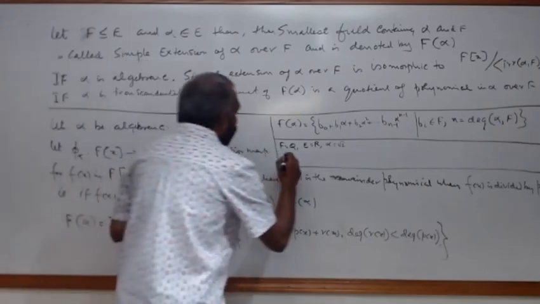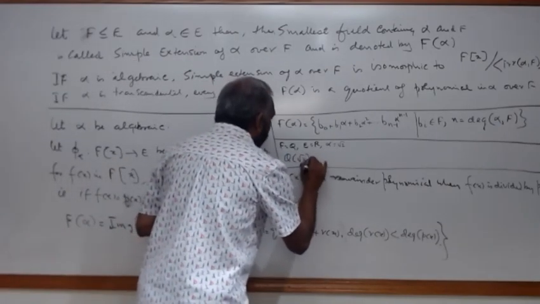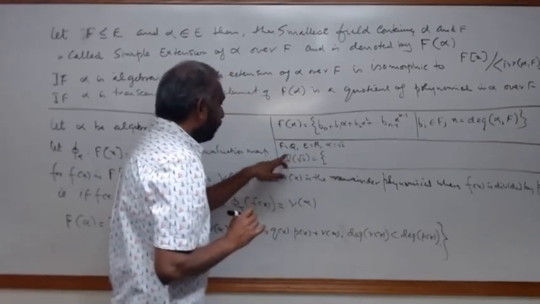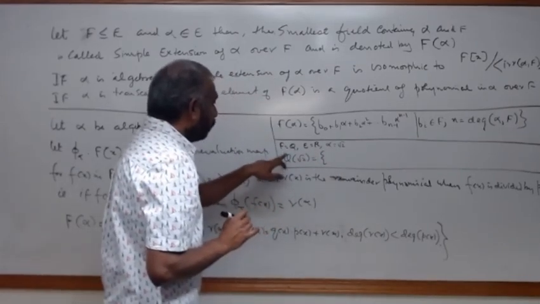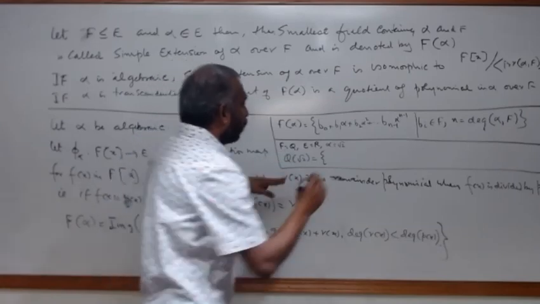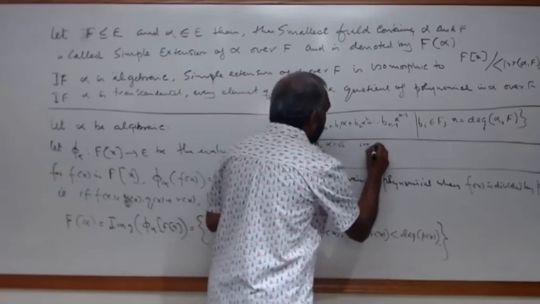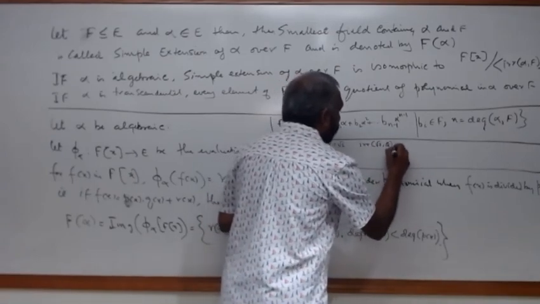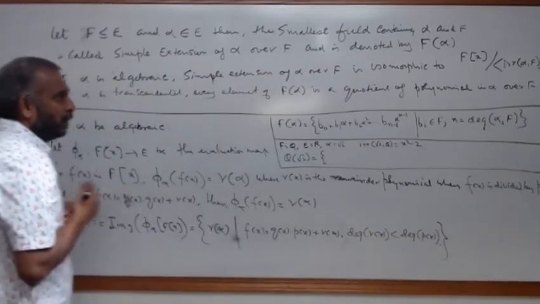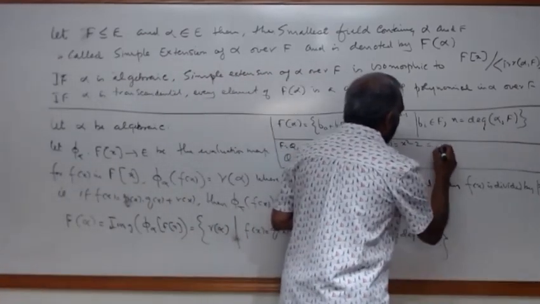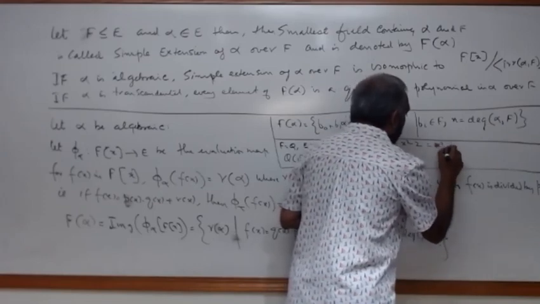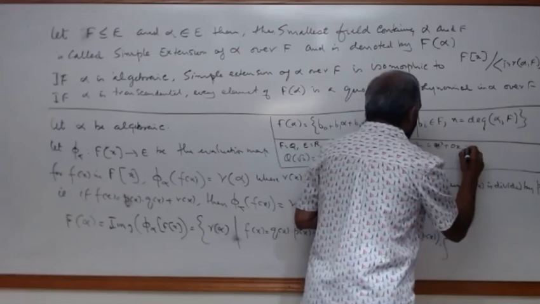Then Q(root 2) is equal to, what is the irreducible monic polynomial of root 2 over Q? It is x squared minus 2.